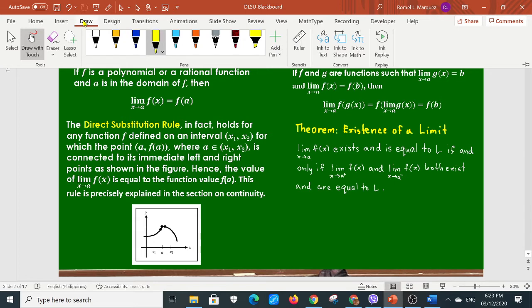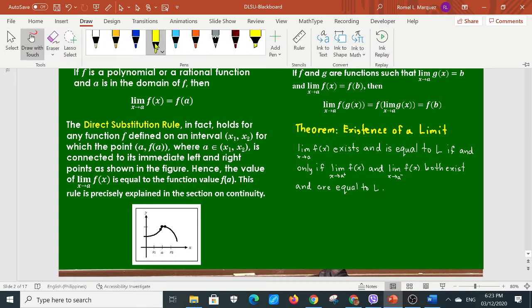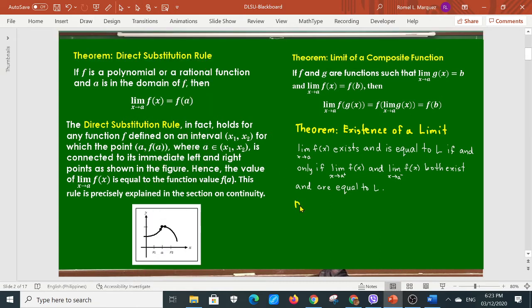Another theorem, this is very useful if you have a function that has a problem at x equals a, especially those functions having limit at the denominator tends to 0. So if the limit of the denominator tends to 0, this is very useful. Actually, it's not a theorem, by the way, sorry. It's a definition of indeterminate form.